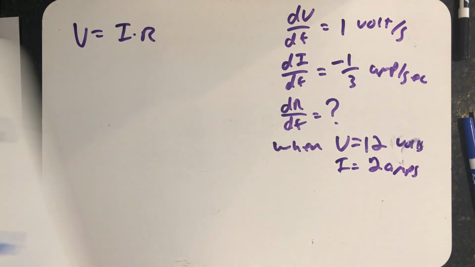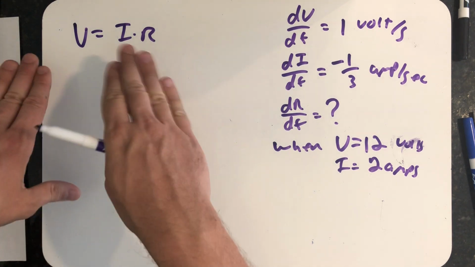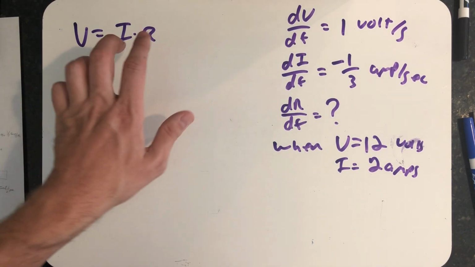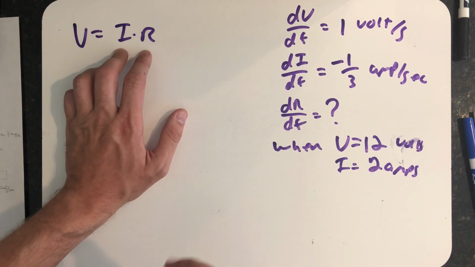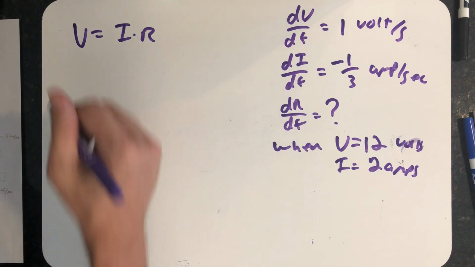All right, so here I have the equation V equals I times R. I'll need to take a derivative. In the last example, we were able to do some geometric trickery to get rid of a product. In this problem, I won't be able to do that. V equals I times R. This is the product of two functions. I and R are both changing with respect to time, so I'll have to use the product rule.